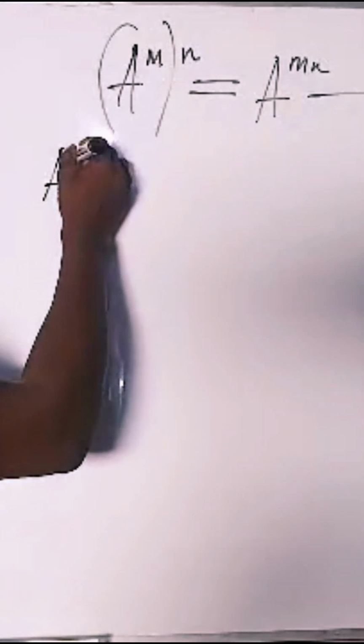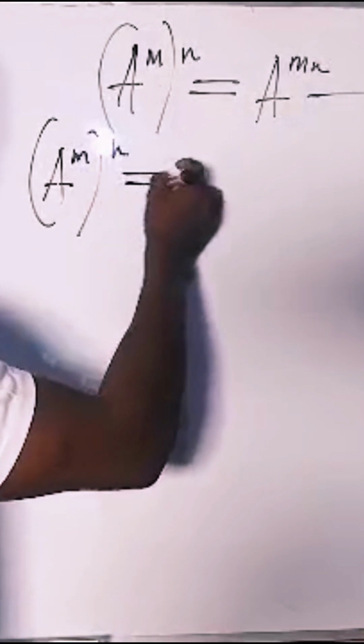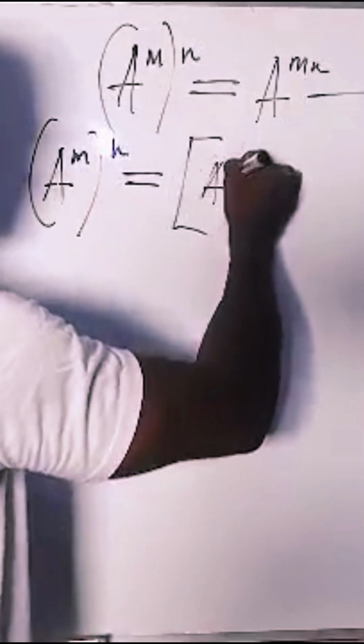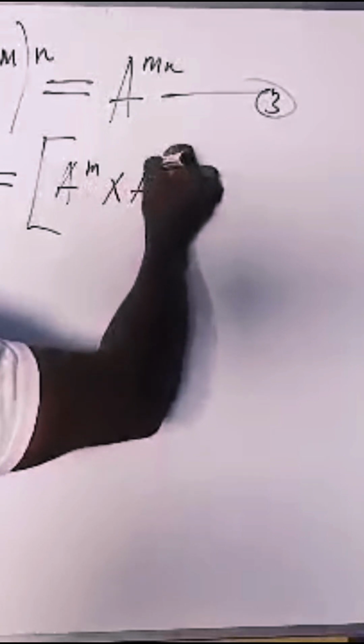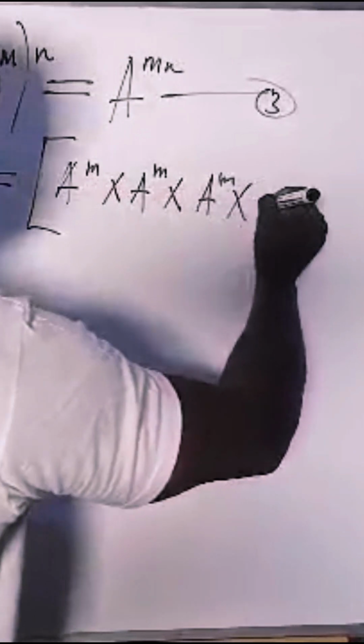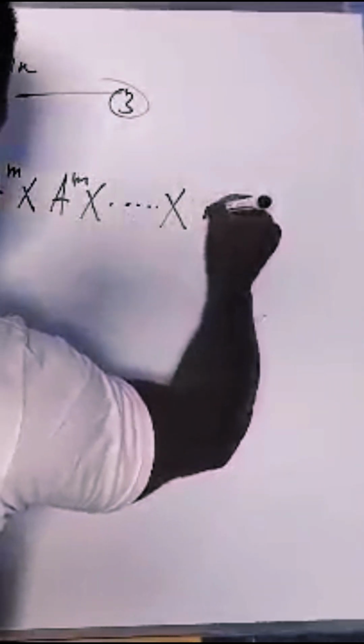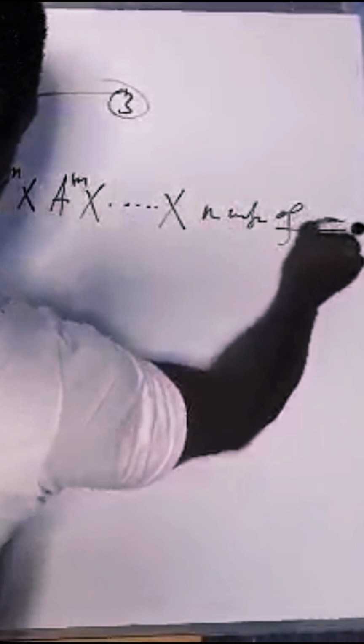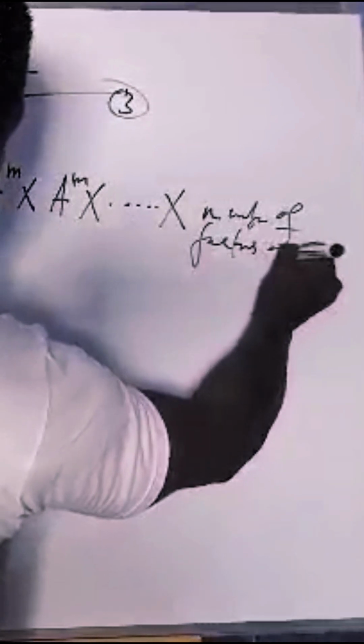is to see to the derivation of it arithmetically or from the professional angle. So in this case, we say a raised to the power m, enclosed in brackets, raised to the power n, is as good as a raised to the power m times a raised to the power m times a raised to the power m, and so on, times n number of factors or places.